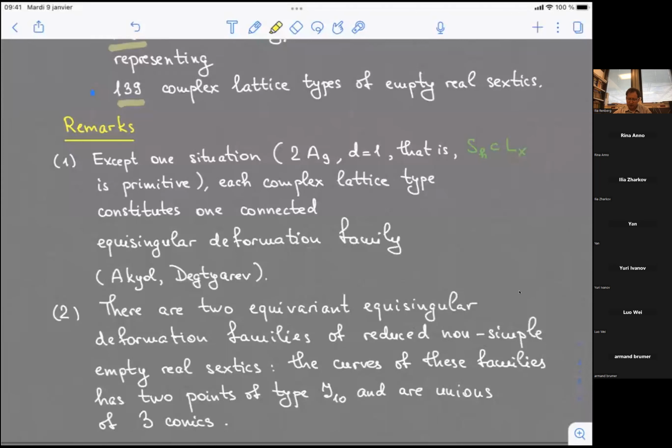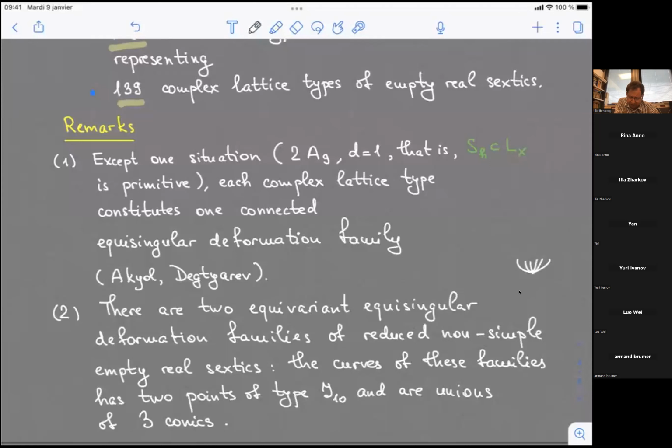In this case, the only possible singularities are of type, well, it depends how you enumerate singularities, let's say of type J10, meaning a tangency point. So you consider quadratic tangencies of three branches. That's exactly what happens in the case of sextics I am trying to describe.